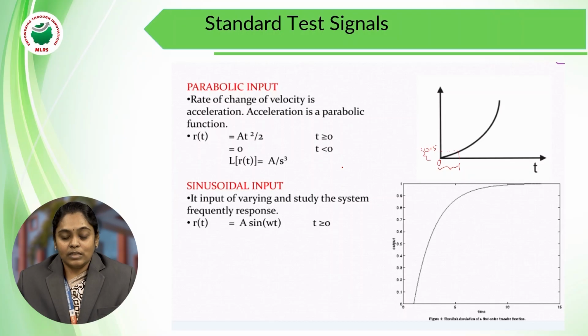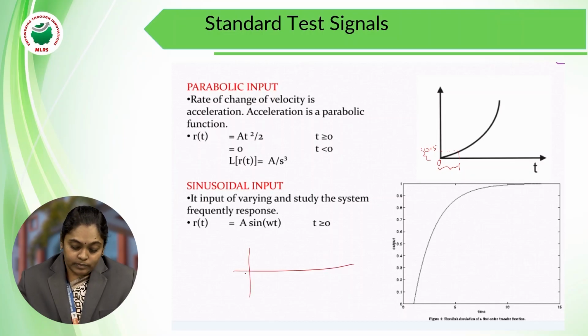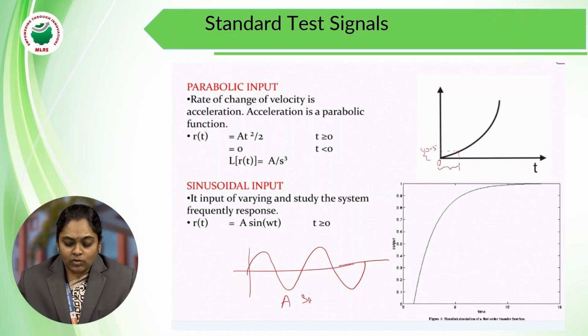The last most important standard test signal is the sinusoidal signal. In general, a sinusoidal signal is represented with this sine waveform, in which the mathematical notation can be written as A sine of omega t plus phi.